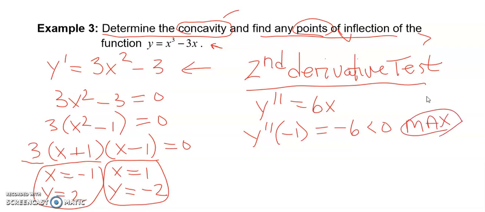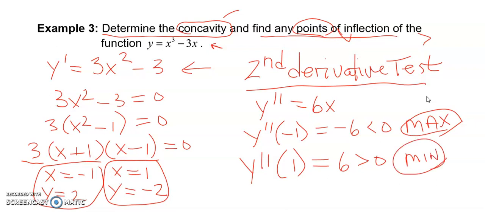So I know that the -1, 2 is a max. Plug in +1, my other critical value. I get +6, which is greater than 0. So it's concave upward, and by golly, therefore, it's a min. So that's how you use the second derivative test to determine if a critical point is a max or a min. And you don't need to have that table like we used in our previous lesson yesterday.